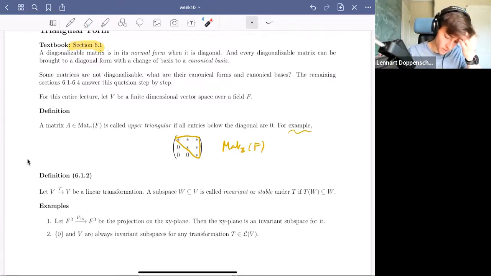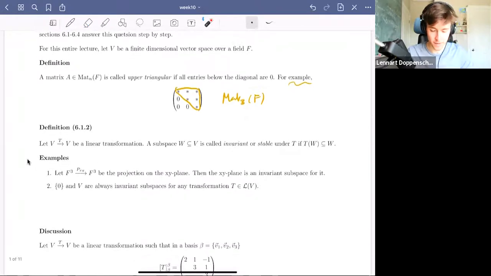Okay, so with this, the next thing I want to define is an invariant, or sometimes also called stable, subspace, which, for a transformation from V to V, is a subspace of V which is mapped into itself.